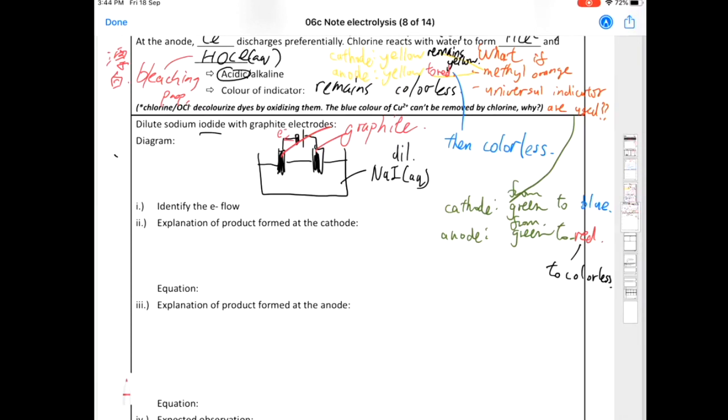So what happened on the left-hand side? This is the cathode, it should be the cathode.